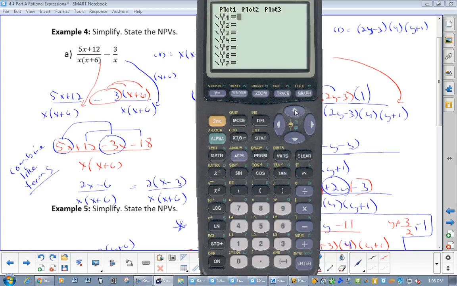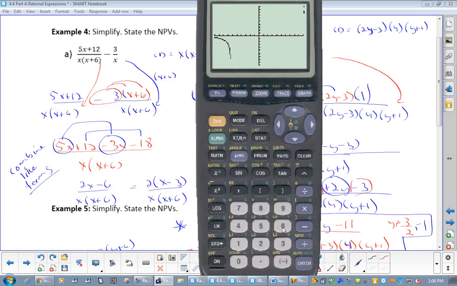I'm just going to do A. So always do in brackets. That's 5x plus 12 divided by x times x plus 6. I'm just putting in the fraction, and I'm going to shut that bracket, minus 3 divided by x. Okay, and I'm going to hit zoom 6.